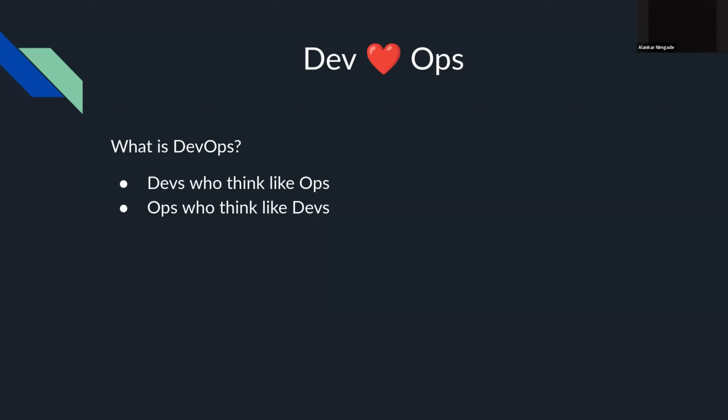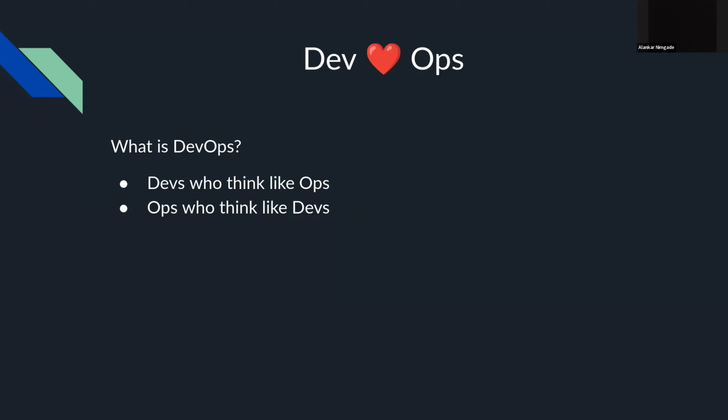what actually is a DevOps engineer. A DevOps engineer would be someone who thinks like an operations person, and an operations engineer who would think like a development person. As a development person, you would need to understand how the application is working, how it is configured, how it behaves in a real-world environment, and how to monitor it.